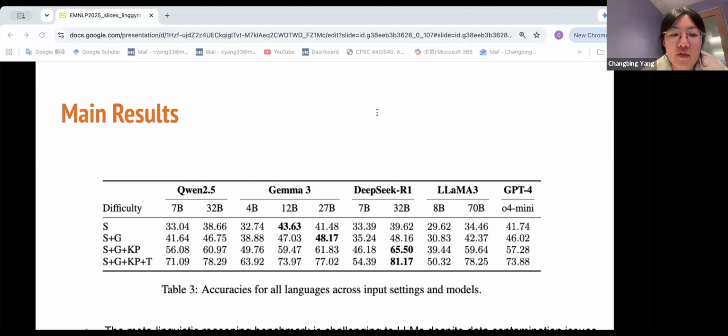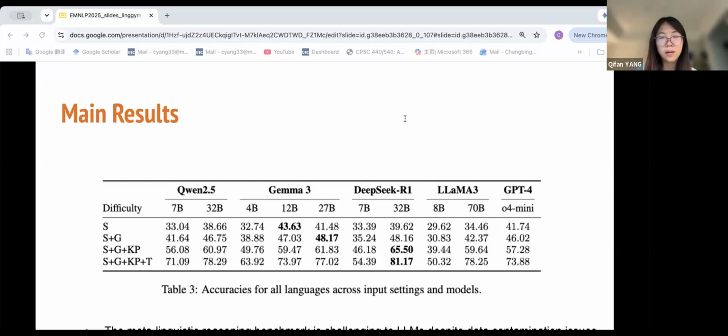But even at our very basic, hardest difficulty level, where we only provided the source sentence, the accuracy is a little bit above 25%, it's 33 something. So there is some data contamination issue, but we still say it is a challenging problem, because it doesn't show a very high performance rate.